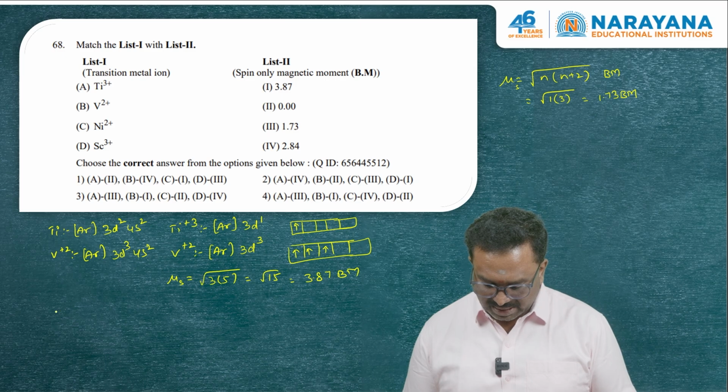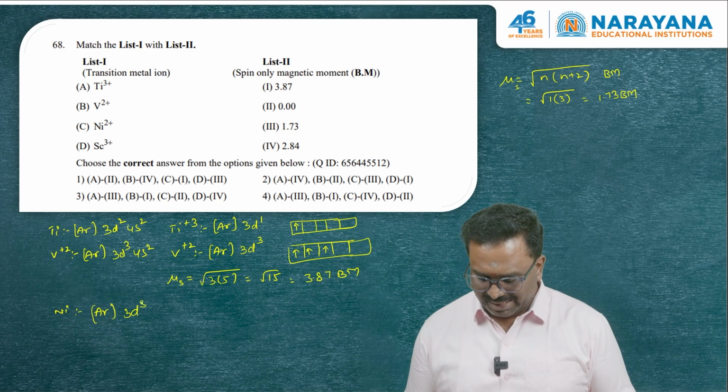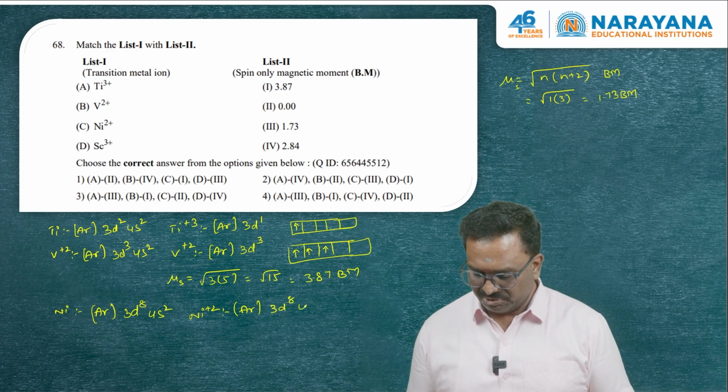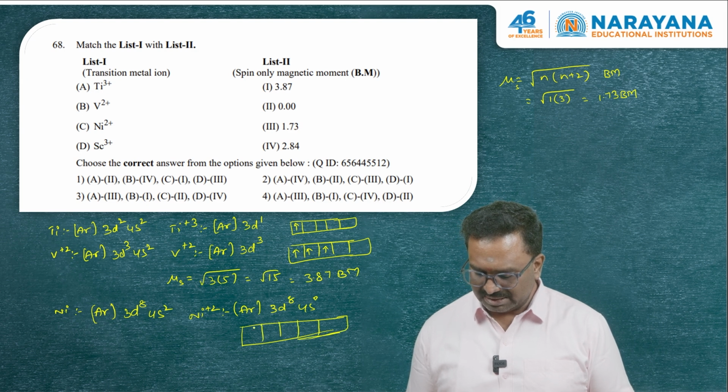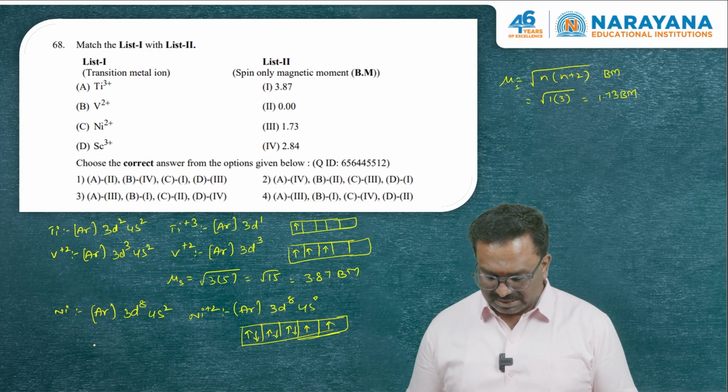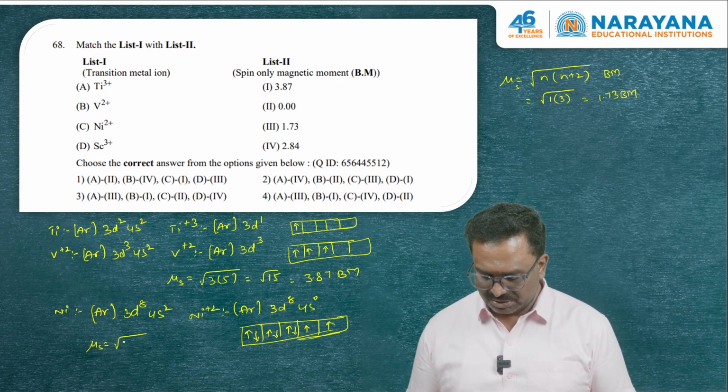Next, another one is nickel, Ni Ar 3d8 4s2. For Ni plus 2, Ar 3d8 4s0. If we see the distribution of electrons in the 3d8 configuration, 2 unpaired electrons are present. Spin only magnetic moment is root over 2 into 2 plus 2.